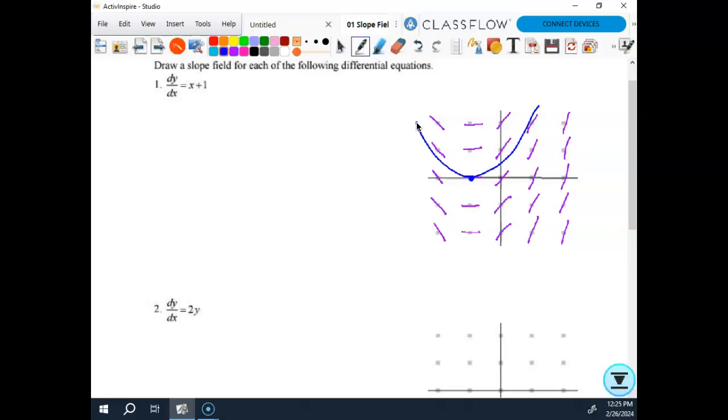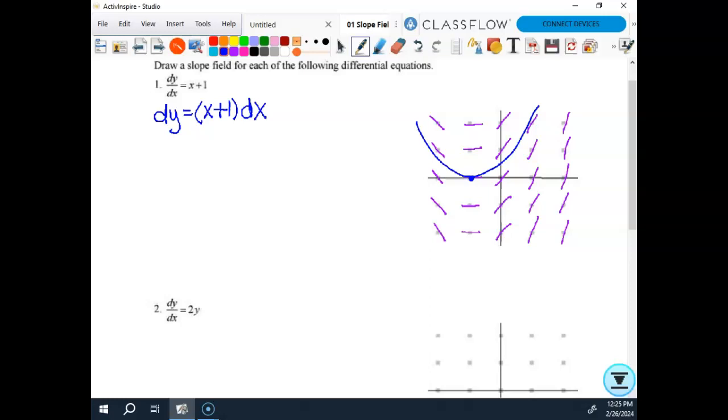Now let's talk about why that happens, because we're going to get into actually solving these differential equations, which in a way we've kind of already done. So if I have this equation here, I'm going to multiply both sides by dx. So I'm going to get dy equals x plus 1 times dx. Now if you think about it, we took the derivative of something to get this. Wouldn't you take the derivative of a quadratic to get a linear?